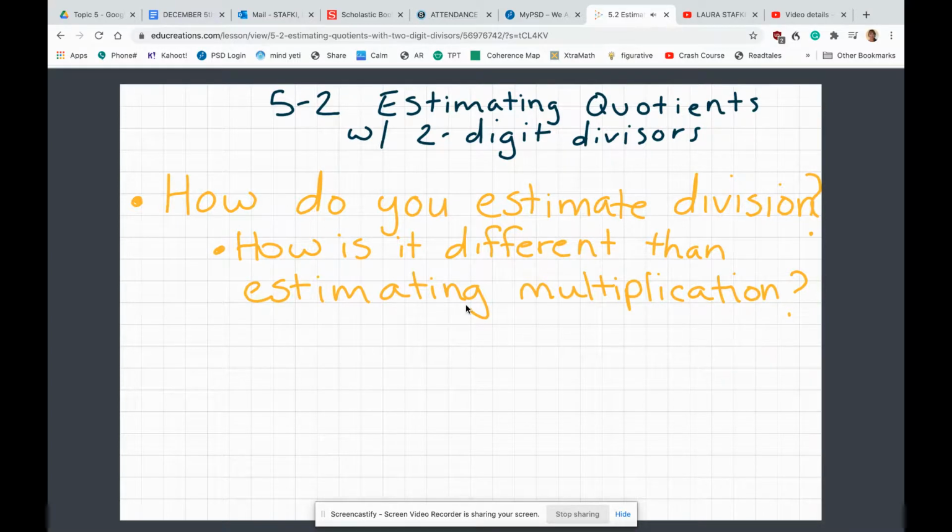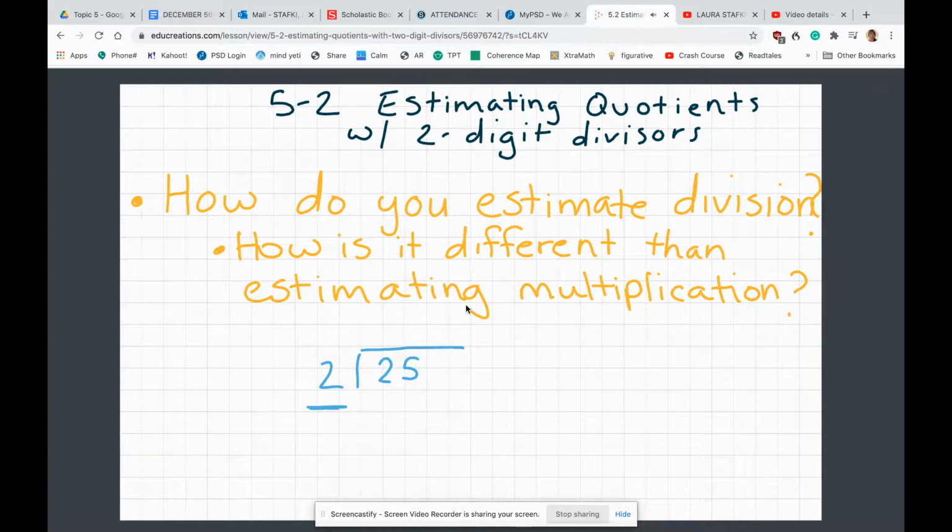Sometimes when I get a really tough question like this, it helps me to use little numbers to think about my thinking. So if I have these easy numbers, 2 goes into 25, or 25 divided by 2, I can estimate by simply finding a number that's easy to divide by 2.